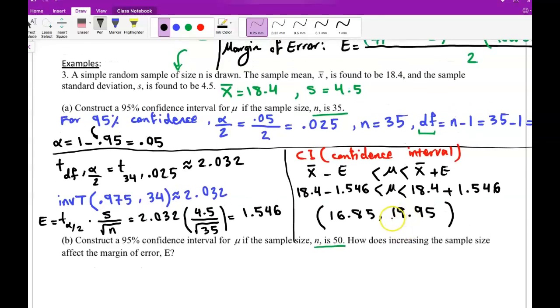Okay, so this was the final answer because it's asking to construct a confidence interval. So this is the final answer for this part.